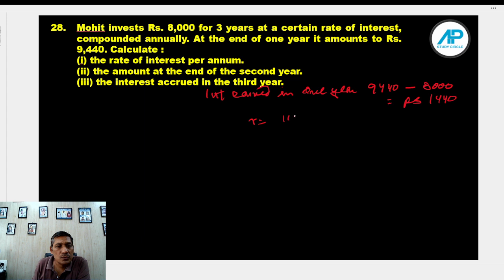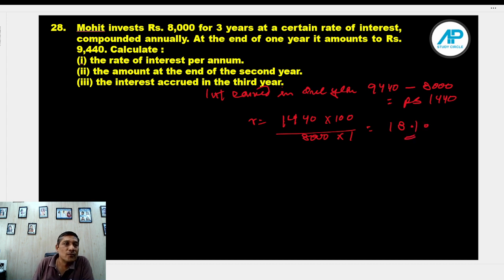Rate equals 1440 into 100 upon 1. So let me calculate this. 14400 divided by 8,000 is giving me 18% rate of interest.